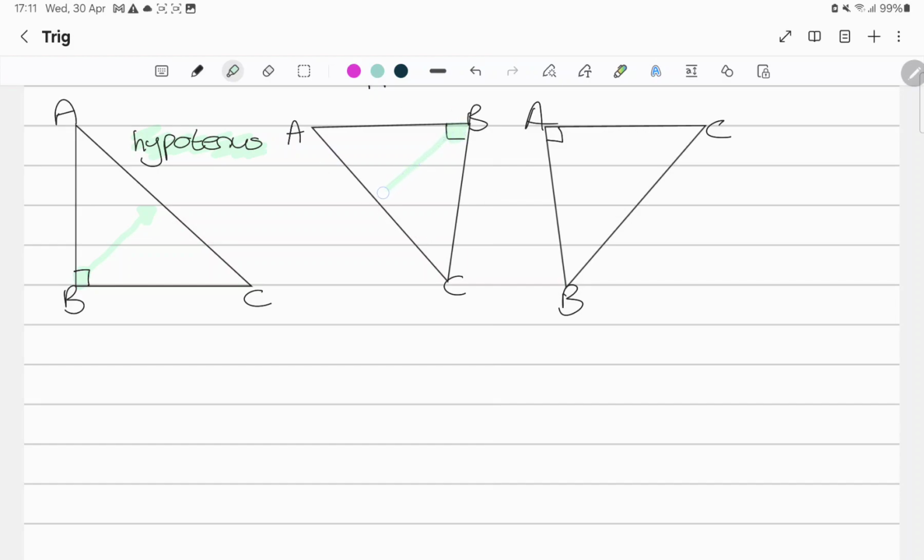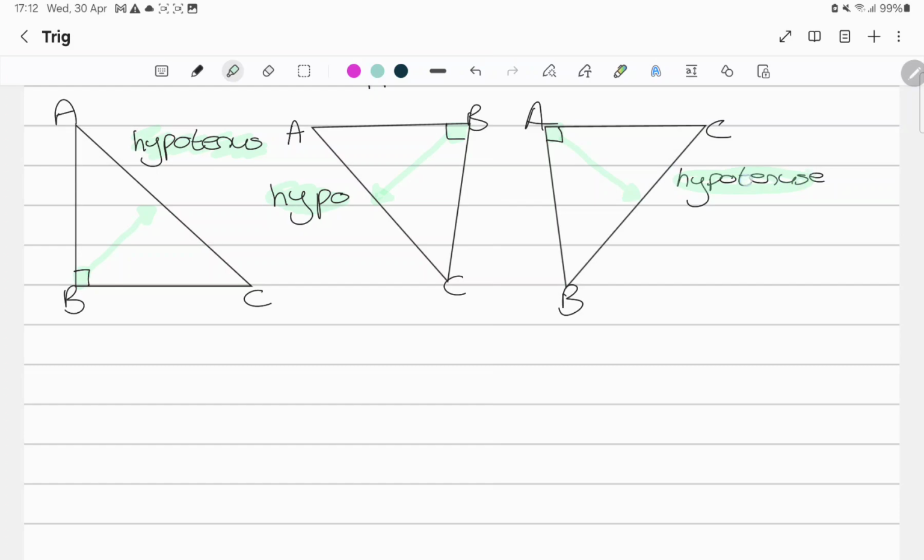Draw a straight line, and I also see that AC is my hypotenuse. And then the last one, triangle 3. My 90-degree angle is here at A. If I draw a straight line to the opposite side, I see that BC is going to be my hypotenuse.